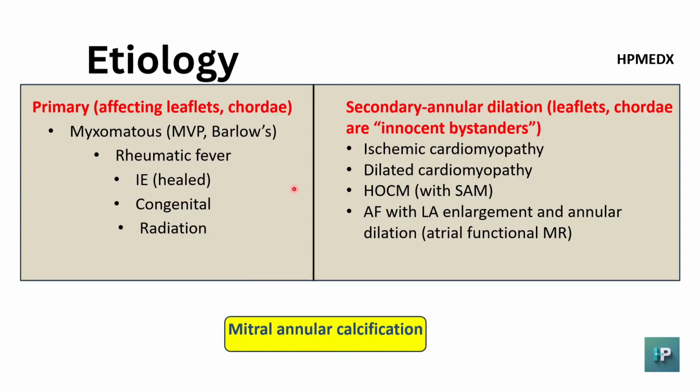And secondary, here it is because of annular dilation, and the annular dilation is because of LV dysfunction, and here the leaflets and chordae are not affected, so they are called innocent bystanders.